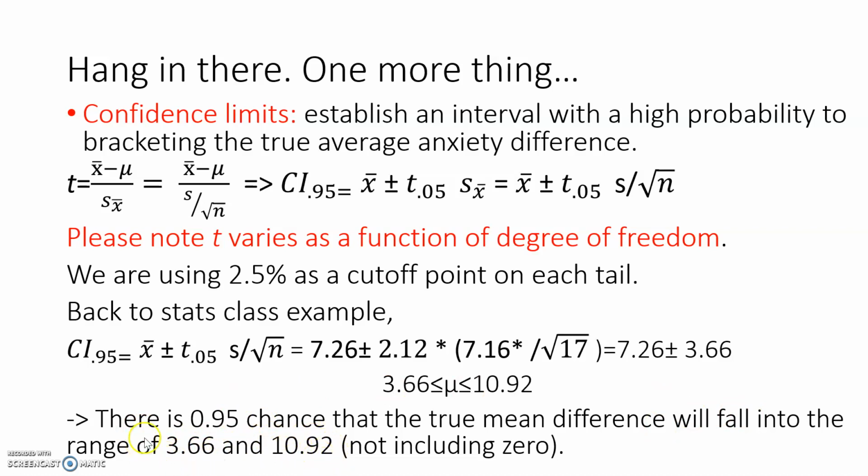Okay, so note that this range does not include 0, which means that there is a true difference between the before test and the after test, after people take the stats class. Okay, the observed difference here is a true difference. It's not due to chance. It's not a sampling error. Okay, so that's all I have for this repeated t-test.